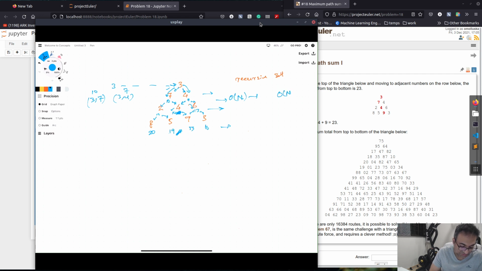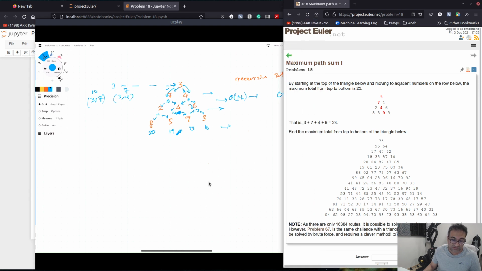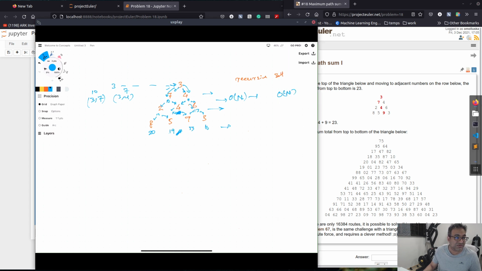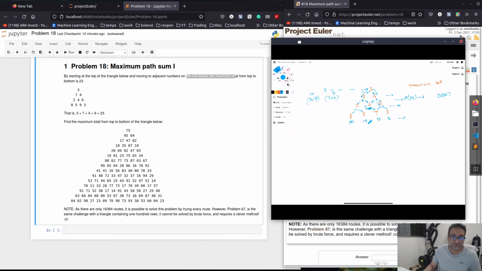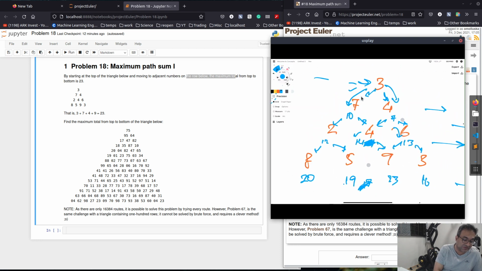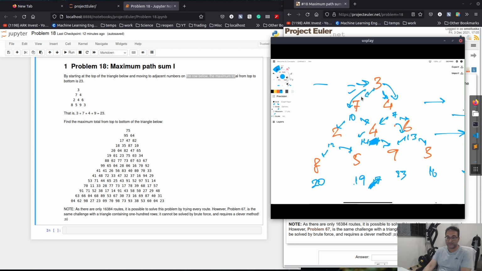At each point we need to calculate 2n, but yeah, it's O(n). So time complexity and space complexity are going to be O(n). If we are able to solve this, we should be able to solve this other problem, number 67, as well. So let's try to solve it.